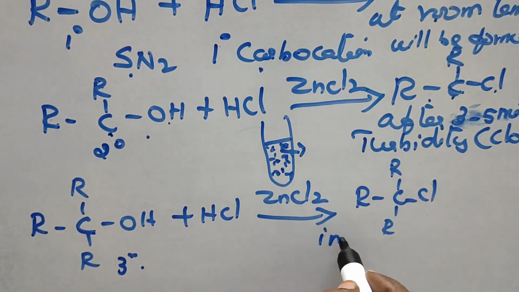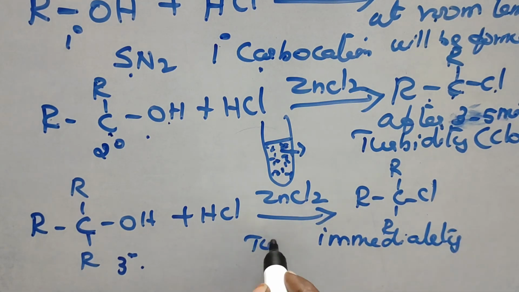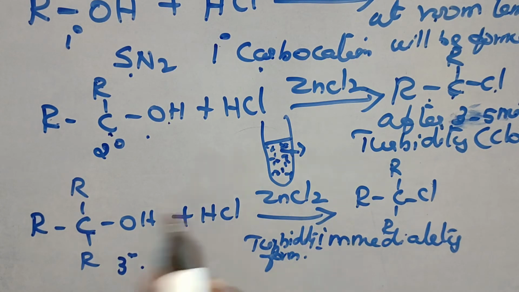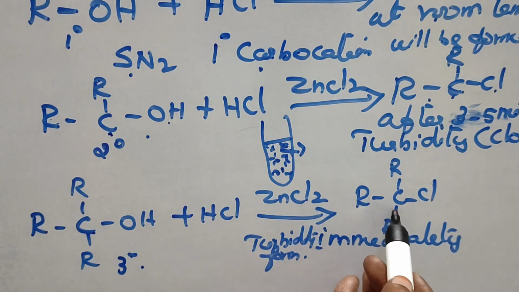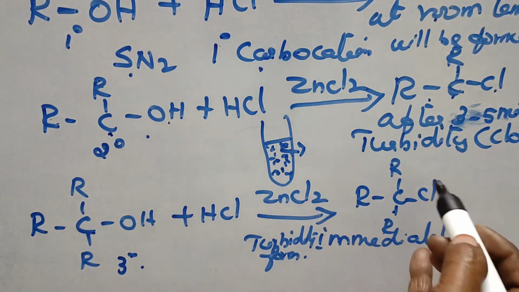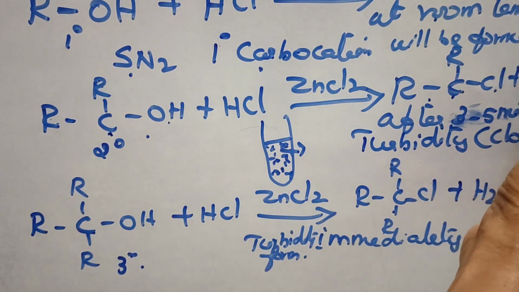Why is it so? Here 3 degree means the carbocation formed will be a 3 degree carbocation. It will be more stable, so that carbocation will be formed immediately. So turbidity formation will also be immediate. Plus H2O, everywhere here H2O.